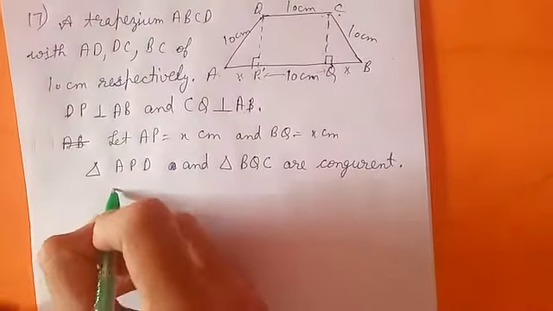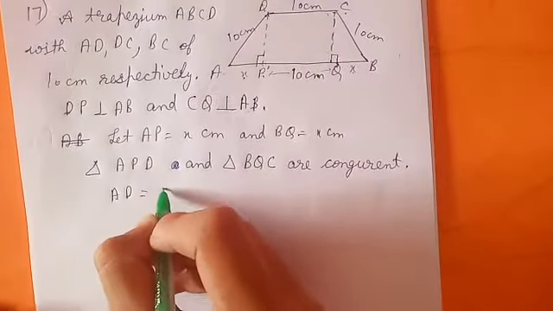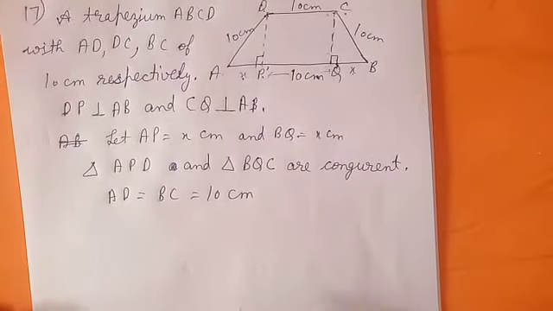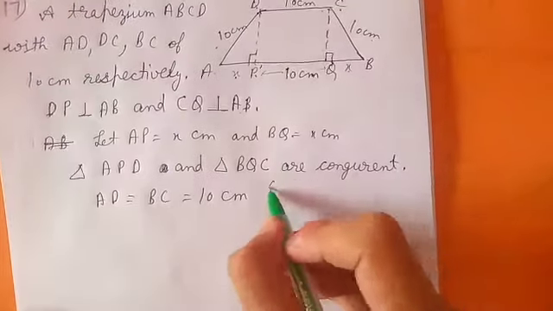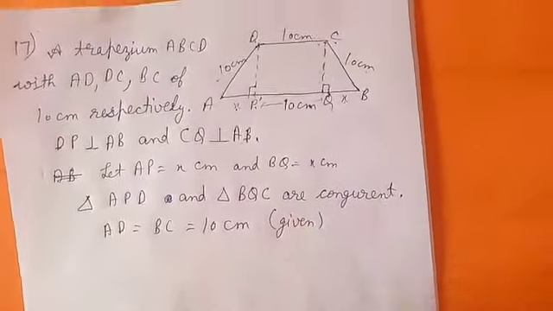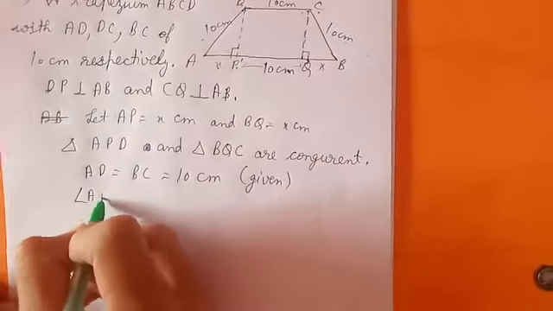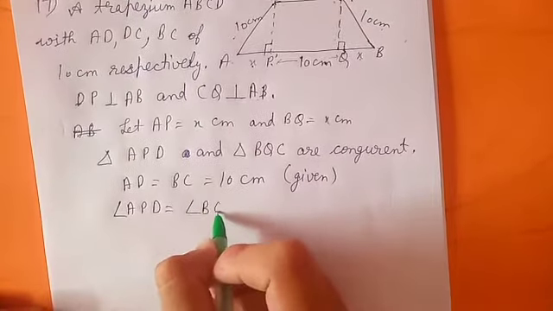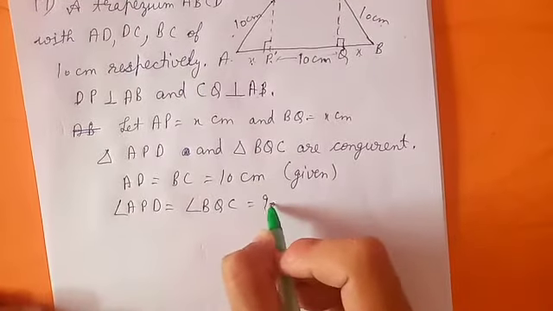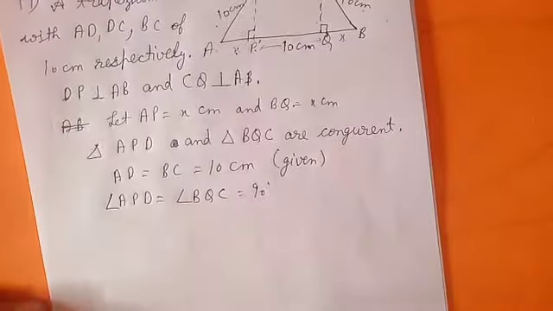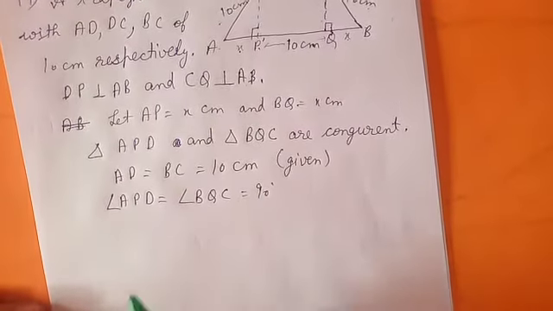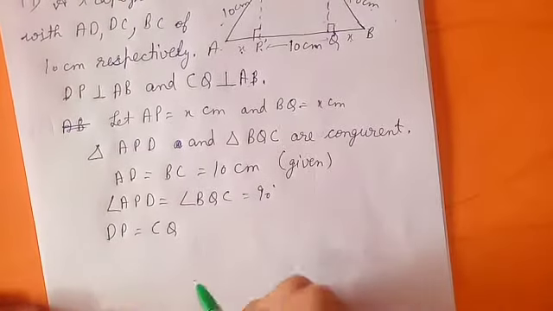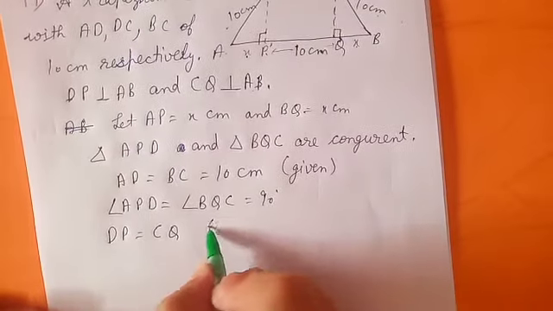First thing, AD is equal to BC equal to 10 centimeter. It is given to us. Second, angle APD is equal to angle BQC equal to 90 degree. We have drawn it perpendicular. And third, DP is equal to CQ. Why?